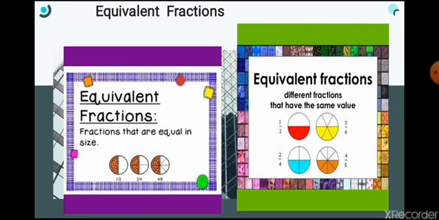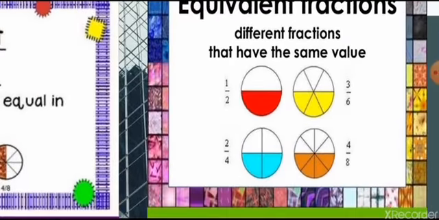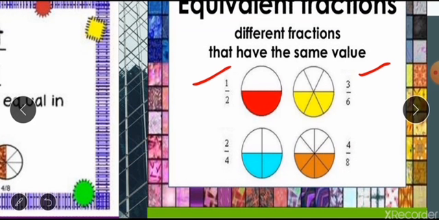Look here. These are circles. I have divided them into different parts and I am writing the fractional value. For the first circle, I am writing here 1 by 2. For the other circles, 3 by 6, 2 by 4 and 4 by 8 according to their shaded portions.